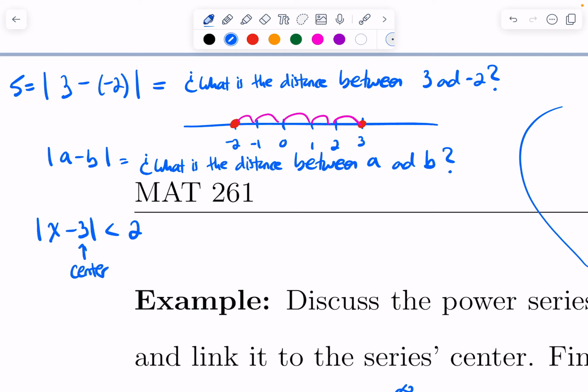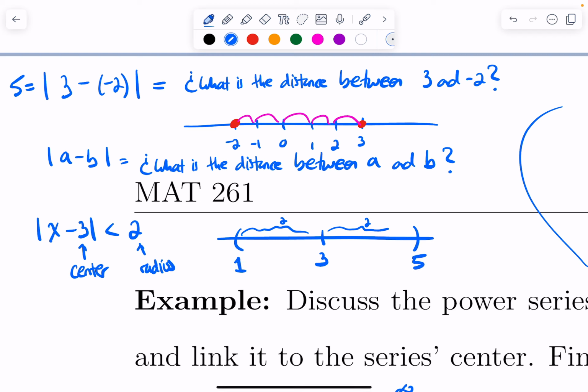And what we're eventually going to do is call this a radius. Because the picture you should have in mind is that you start at 3, and then you're allowed to go a unit 2 in either direction. Meaning you're allowed to go down to 1 or up to 5. So this statement right here turns out to be equivalent to the interval 1 to 5.